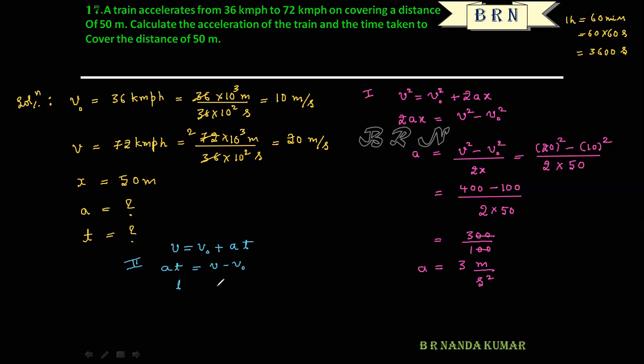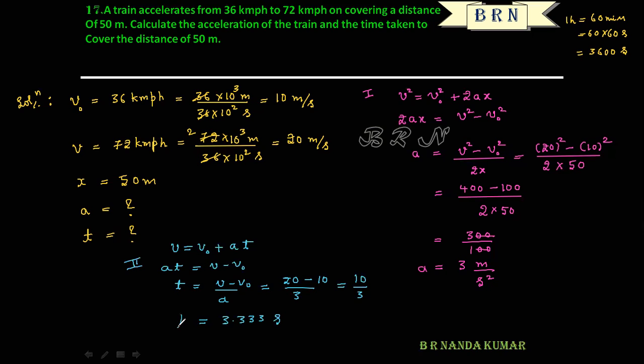So t is equal to v minus v naught divided by a. So v is 20, v naught is 10, divided by a value, that is 3. 20 minus 10 is 10 divided by 3. So 10 divided by 3 is 3.333. Okay, what is the unit?